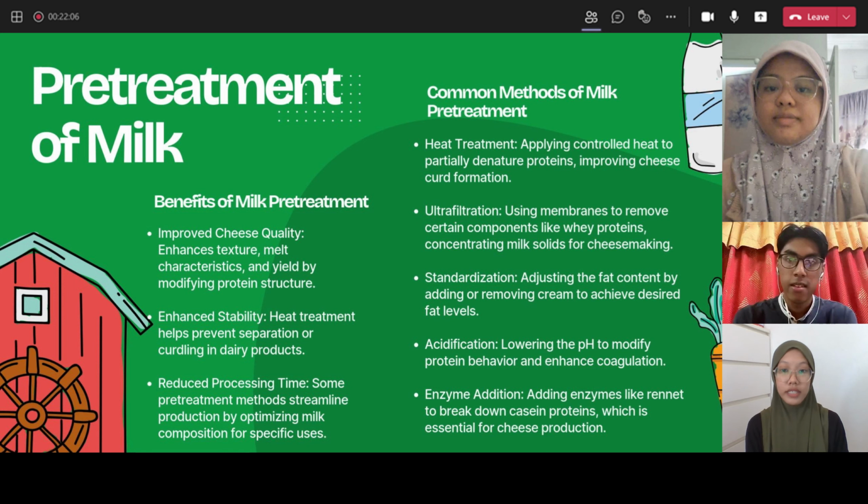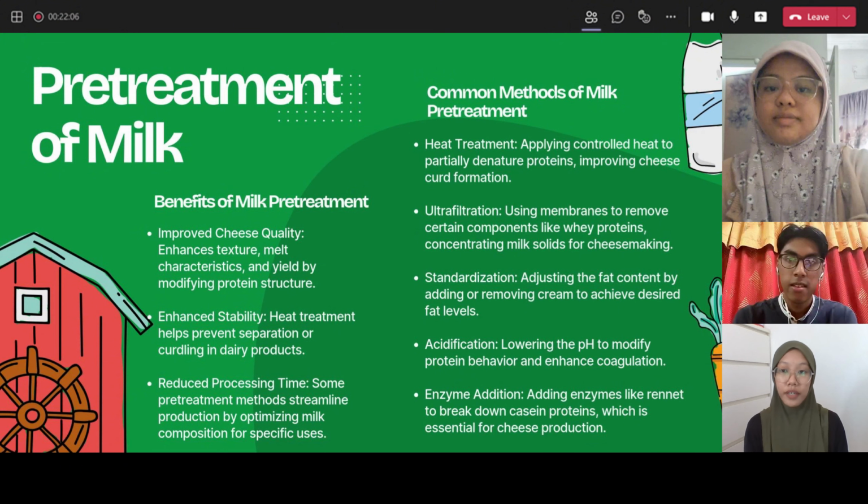The third one is standardization, which is adjusting the fat content by adding or removing cream to achieve the desired fat levels. The fourth one is acidification, which is lowering the pH to modify protein behavior and enhance coagulation. And the last method is enzyme addition. We can add enzymes like rennet to break down casein proteins, which is essential for cheese production.